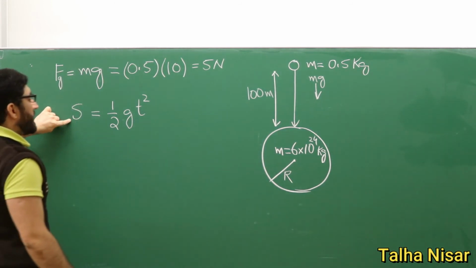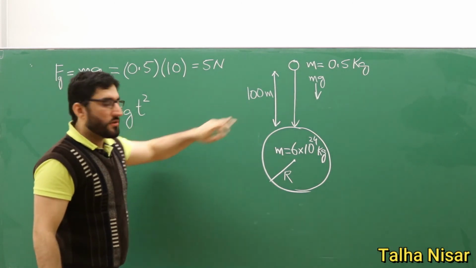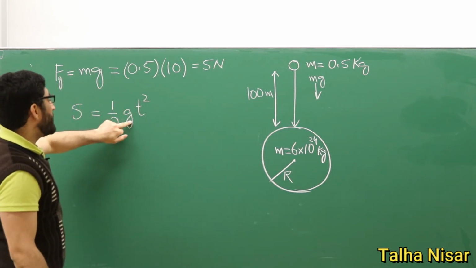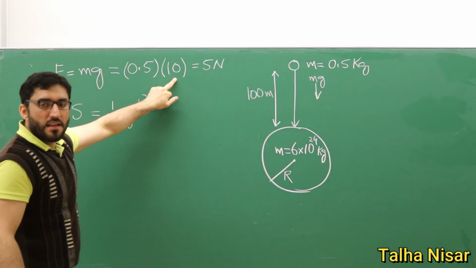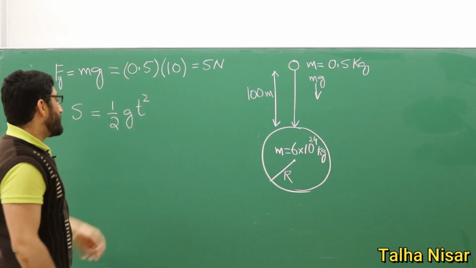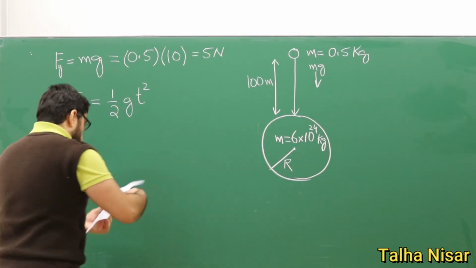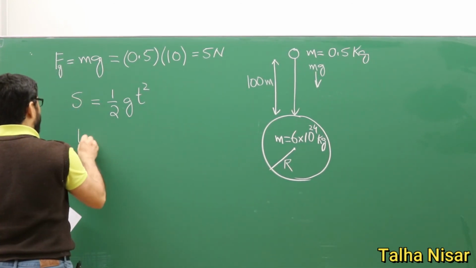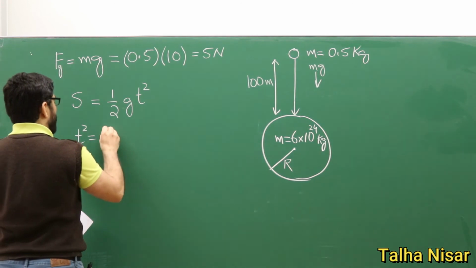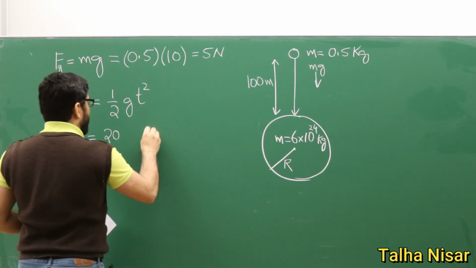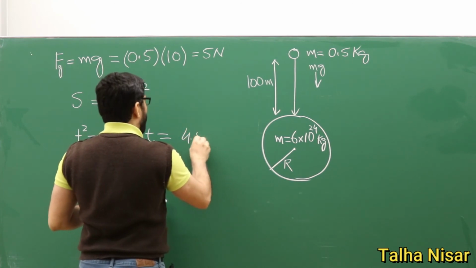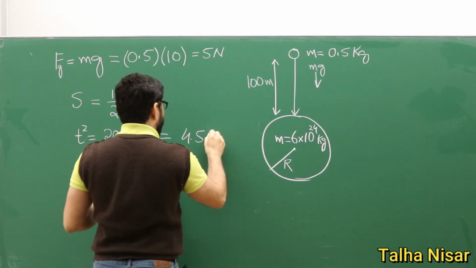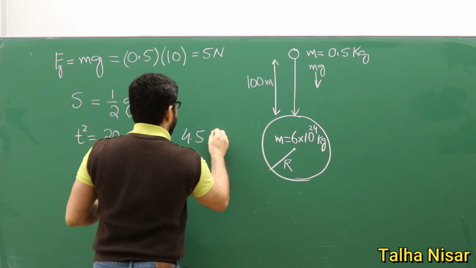We have the distance, which is known, 100 meters, and the gravitational acceleration, which for simplicity we take as 10 meters per second squared. If we put in the values, we get t squared equals 20, or t equals 4.5 seconds.